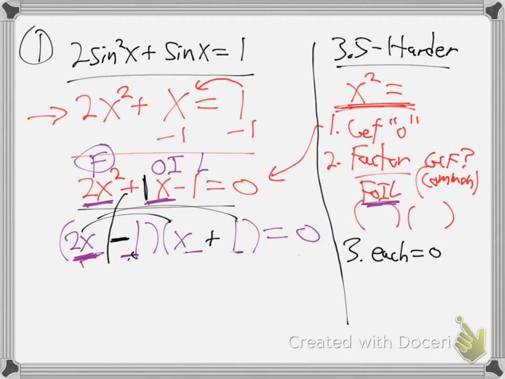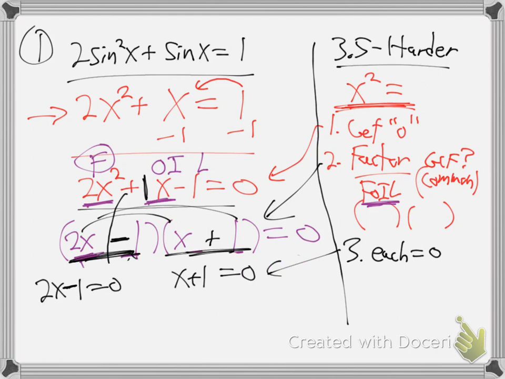So you see how you have 2x minus 1 times, parentheses, x plus 1 equals 0. So that was all step 2, the factoring. Now on step 3, each one separately gets their own 0. Like Bernadette was saying, each one you solve separately, they each get their own 0.